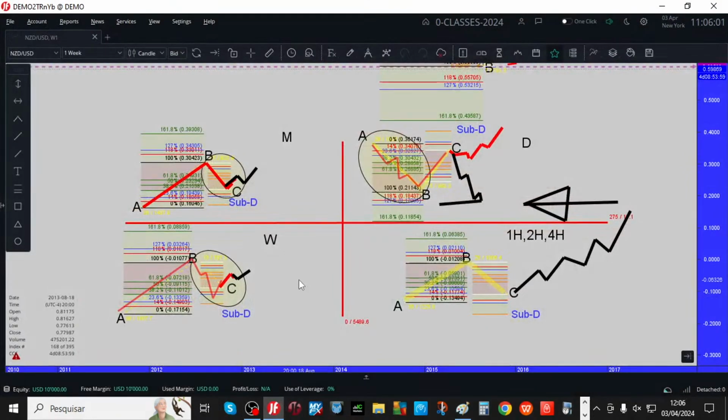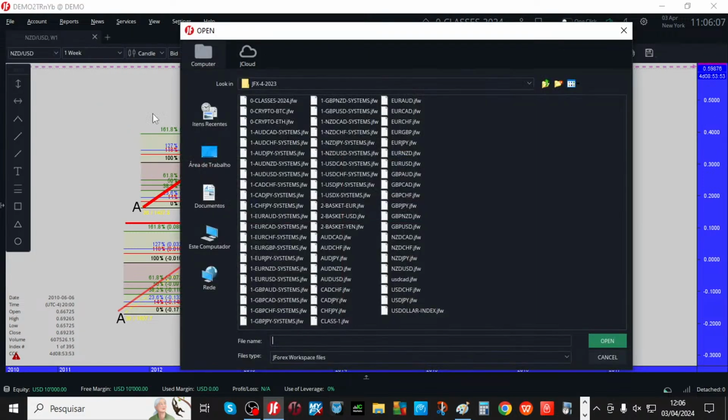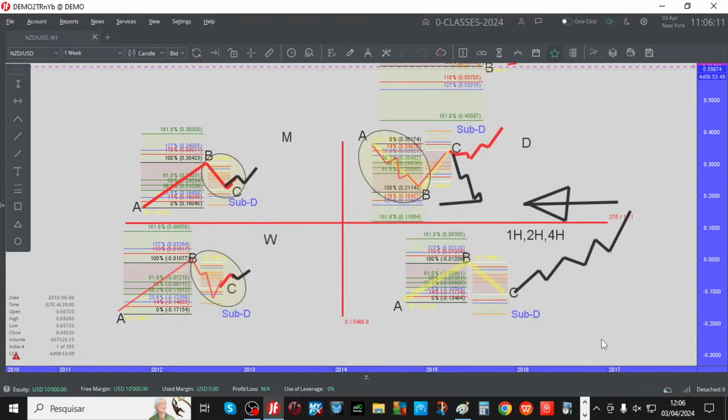So jumping into the markets, rules for trading the Contrarian Fibonacci. Now let's open Euro dollar. It's retracing, if I'm not mistaken.